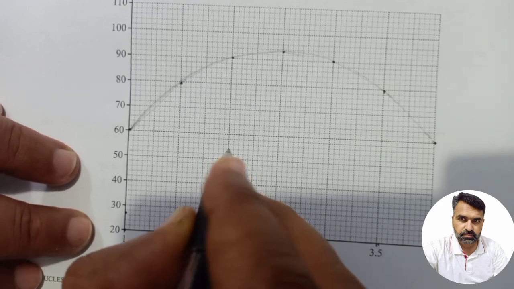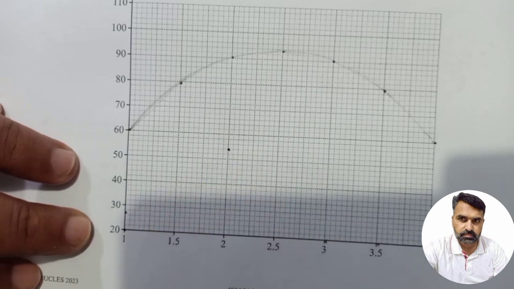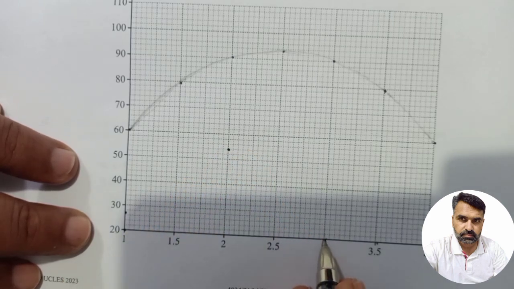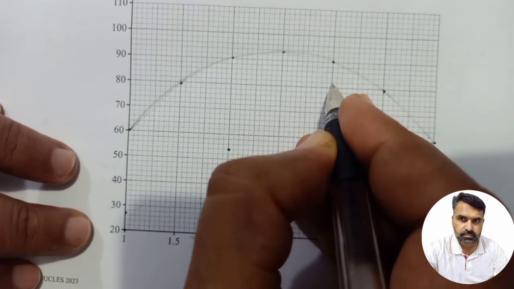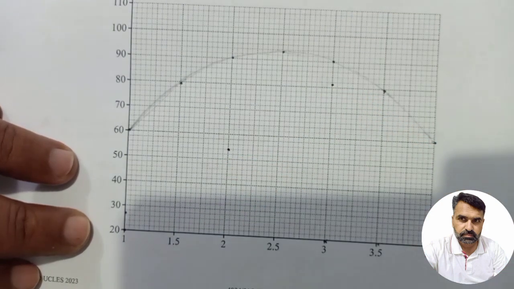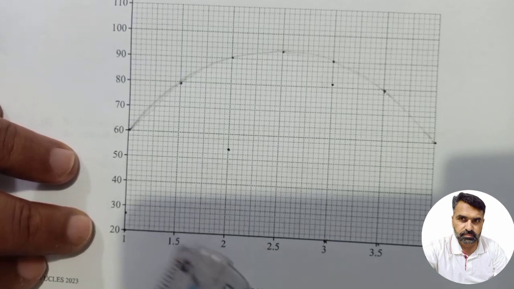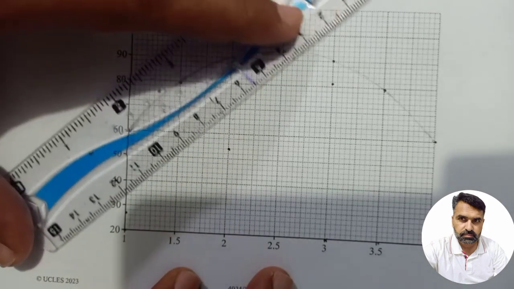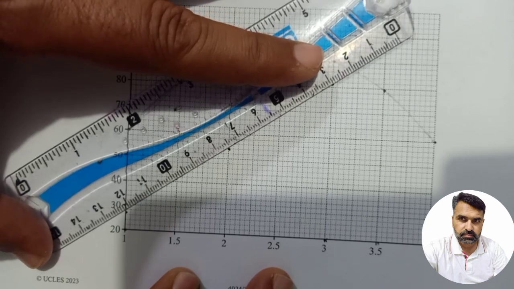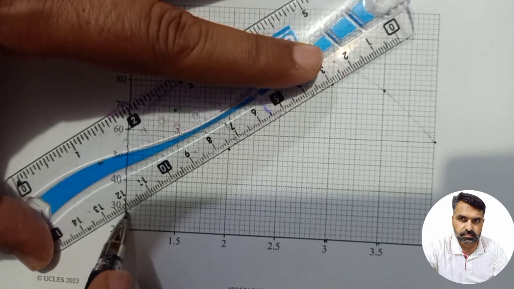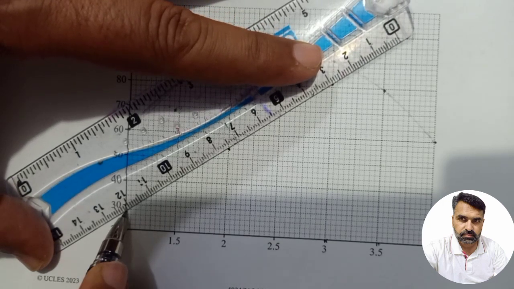This point is indicating (2, 54), then (3, 81). This is 3, and I have to calculate 81, and it is 81. Now students, I will join these 3 points. These 3 points are joined together.